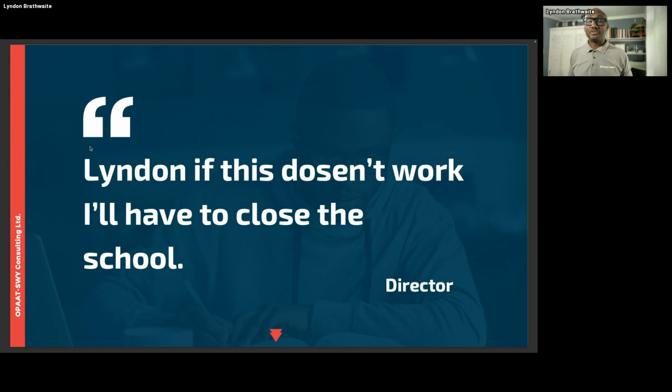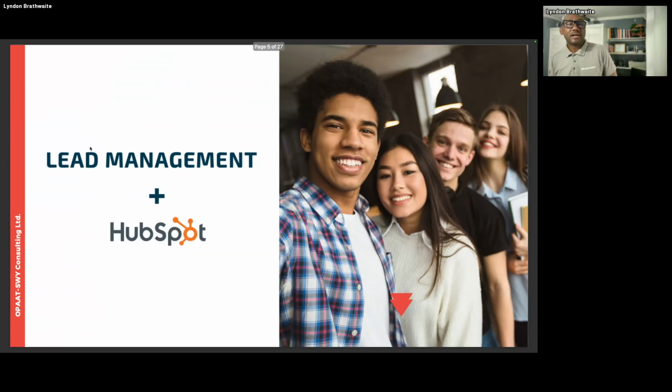Now, moving forward, whether you're doing it the manual way, or you want to start using technology to help you move forward in the right direction, this is where the introduction of lead management with HubSpot comes in. One of the things that I like to tell people is that I like to focus on people, process, and technology. Lead management is part of that process. When a lead comes in, what happens?